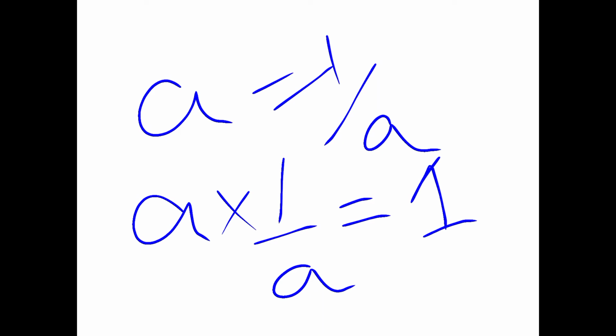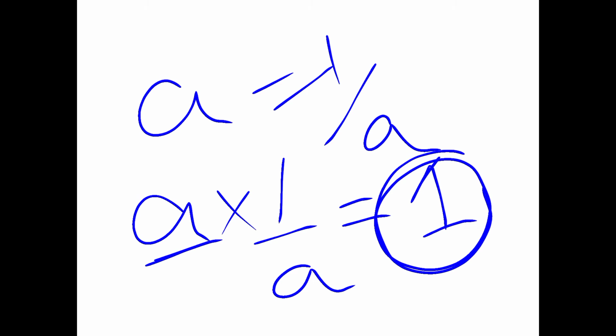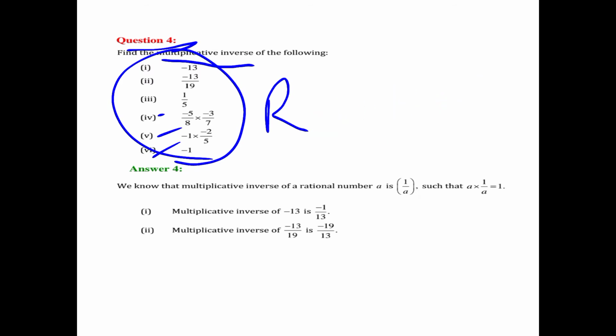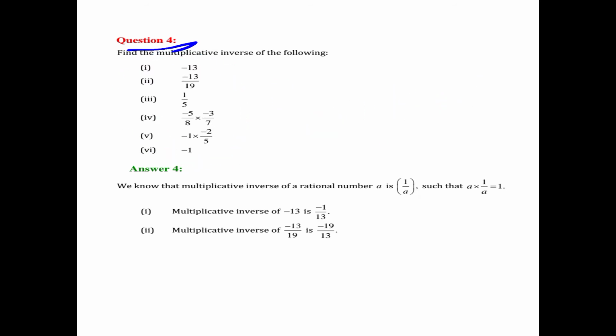So that means the reciprocal of a number is a number which when multiplied to it gives 1 as the answer, right? So in question number 4, we have to find the reciprocal of these.